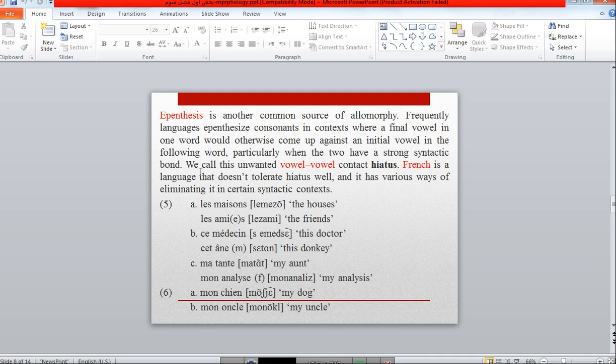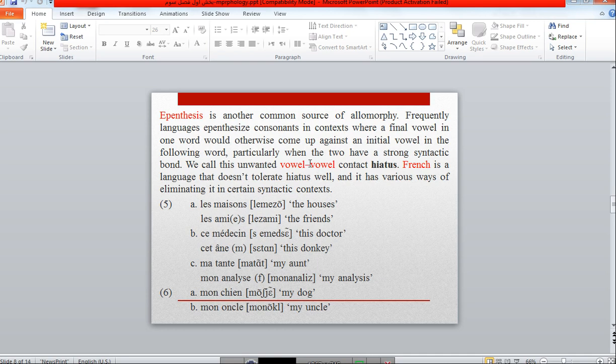We call this unwanted vowel contact hiatus. French is a language that doesn't tolerate hiatus well, and it has various ways of eliminating it in certain syntactic contexts. So we have another phenomenon which we call hiatus, when we have two vowels next to each other, and some languages do not tolerate this hiatus.